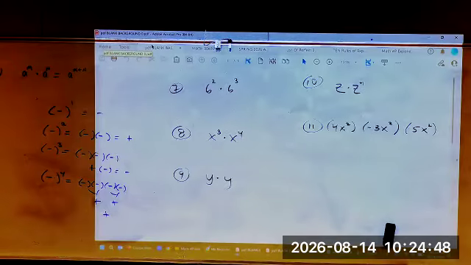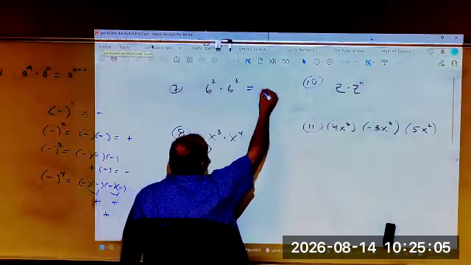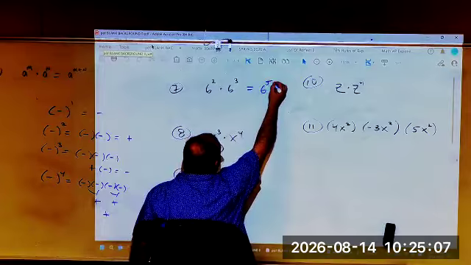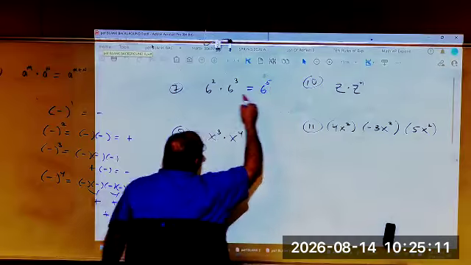What is 6 to the second times 6 to the third in exponent form? 6 to the fifth. I don't want to jinx it, but I am going to give you the wrong answer that I see all the time.